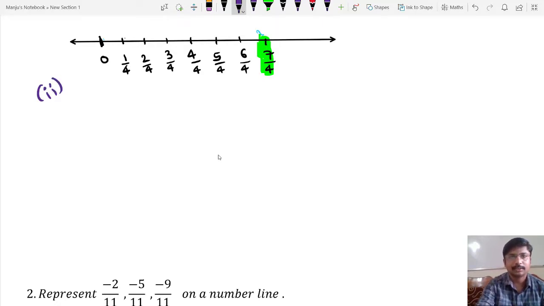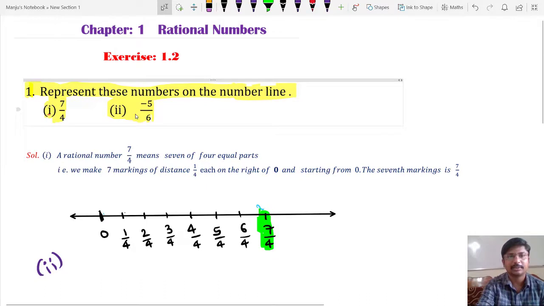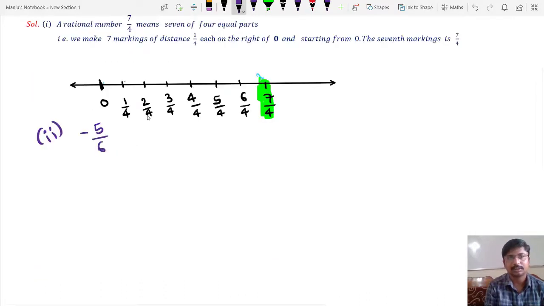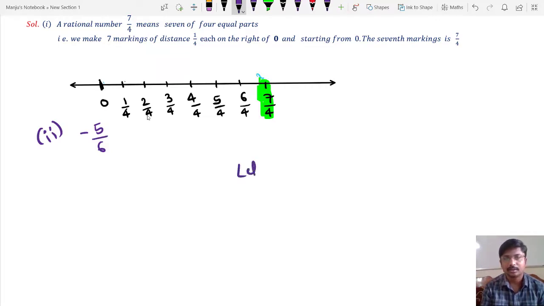They asked us to represent minus 5/6 on the number line. We have to make 5 markings of distance 1/6 each on the left side of 0, and starting from 0, the 5th marking is minus 5/6.